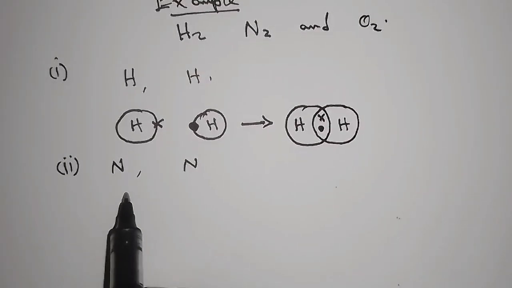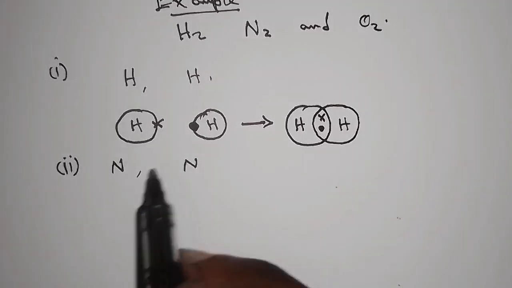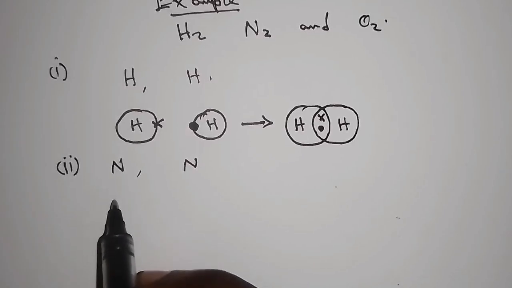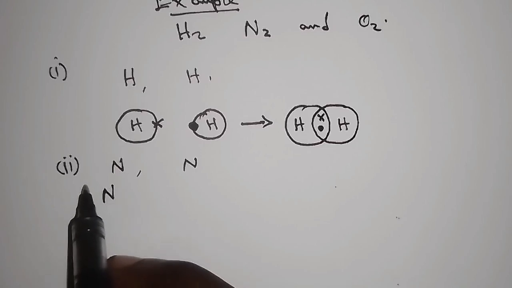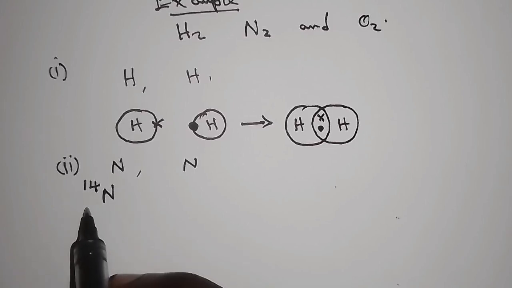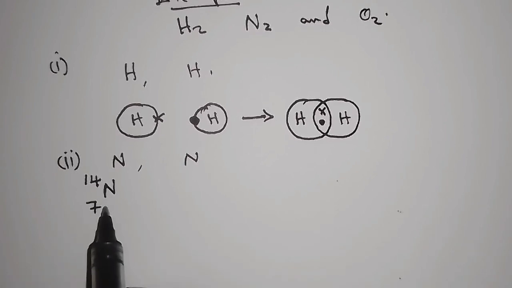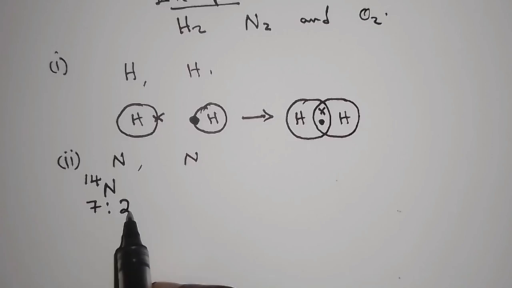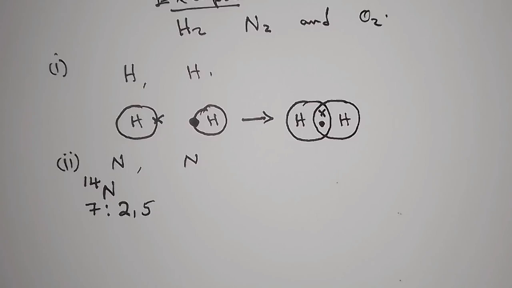Because hydrogen was the simplest element from the periodic table, now we are looking at nitrogen. Nitrogen has a mass number of 14 and a proton number of 7. So when you configure the 7 as we did in the ionic bonding, it's just 2, 5.